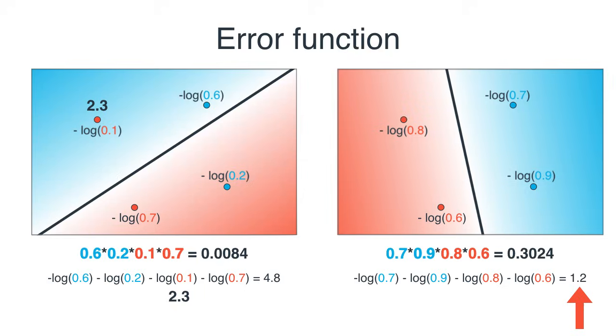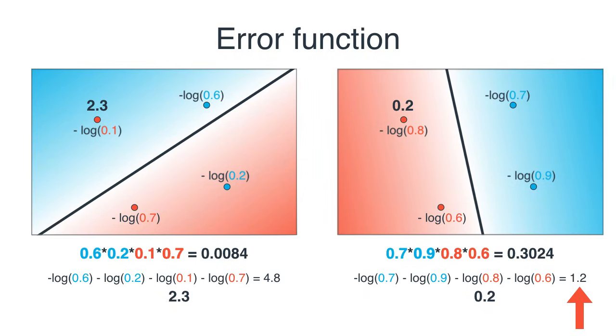For example, look at this point. It's pretty badly misrepresented because it is a red point well into the blue area. Its penalty is 2.3, which is the negative logarithm of 0.1. This same point on the right is well represented because now it's a red point in the red area. Its penalty is minus the logarithm of 0.8, which is 0.2.